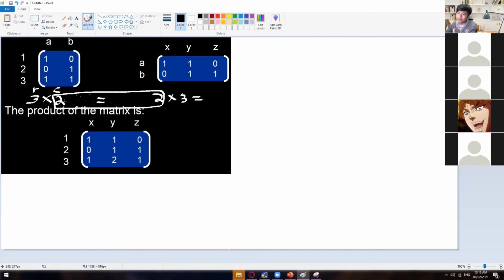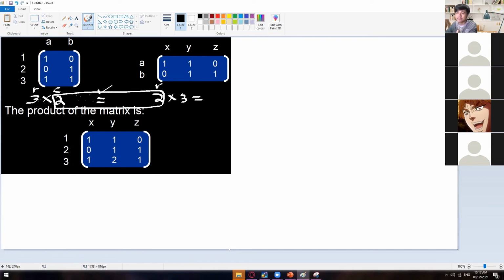So from here we have the same two columns and then two rows. If it's checked, then you can now proceed in getting the product of those two relations. So how will you know what is the size of the product from those two matrices?